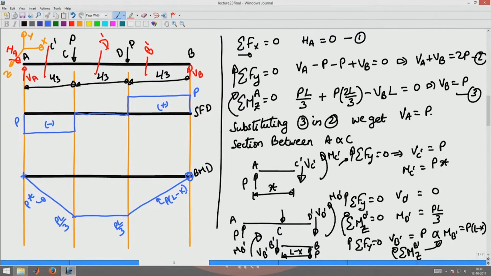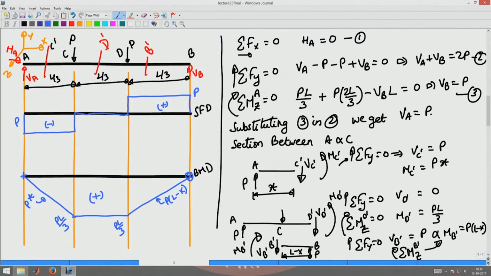This variation of bending moment is positive even though we are plotting it below the beam axis. This is because we want to plot the bending moment along the fiber which is in tension. The bottom fiber is in tension, so we are plotting the bending moment diagram on the tension side, which is below the beam.